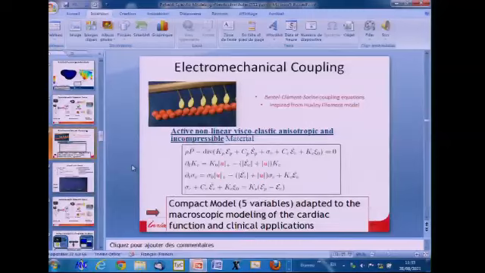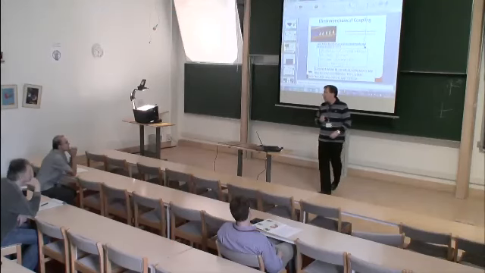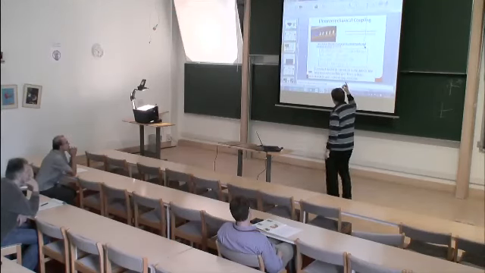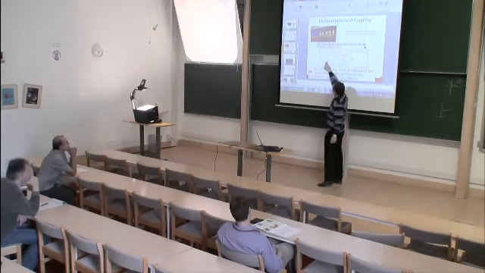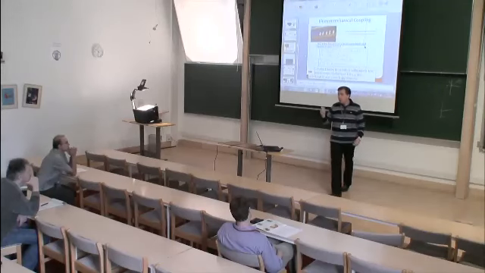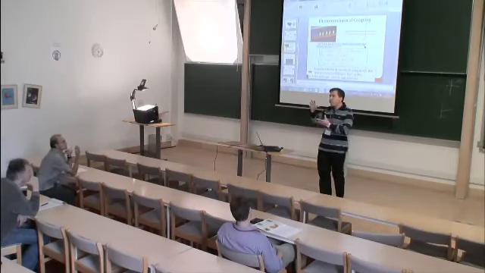So, when I try to estimate mechanical parameters, I can either estimate the passive parameters, which in this case would be the stiffness of the myocardium. But in this case, I estimate sigma 0, not sigma c, sigma 0 here. This is the contractility, so it means that this is the active part.